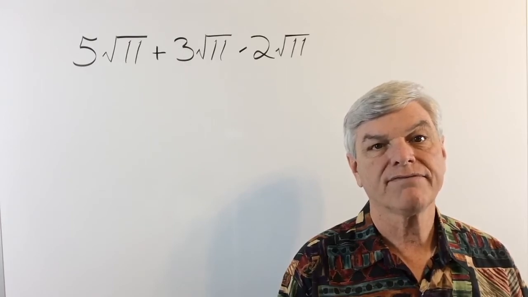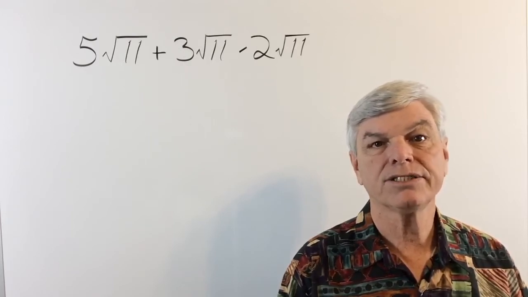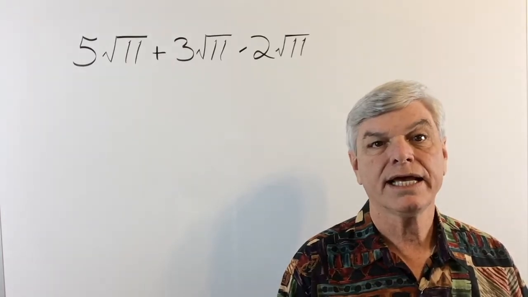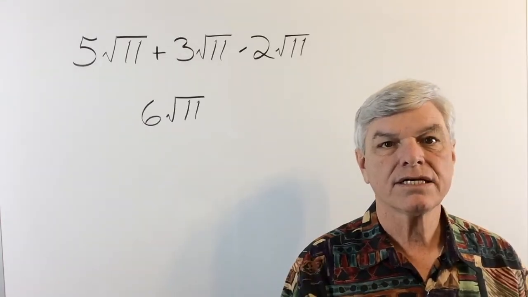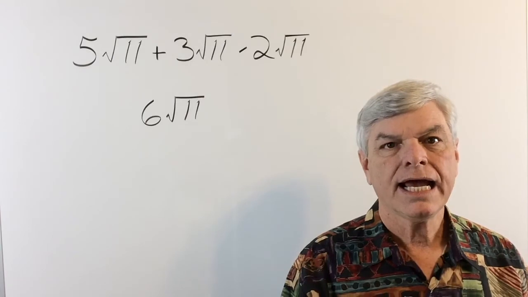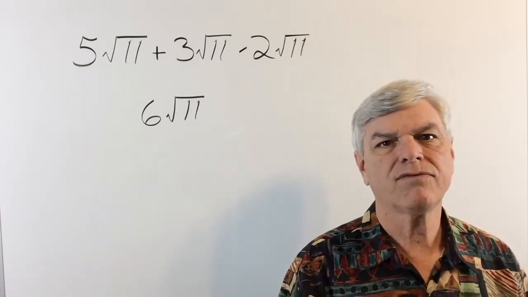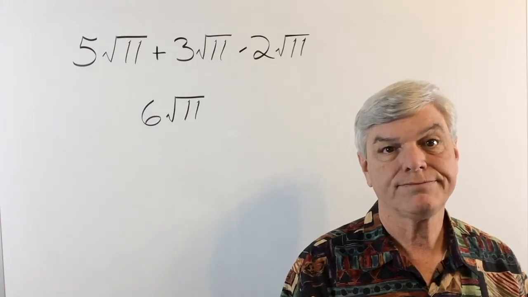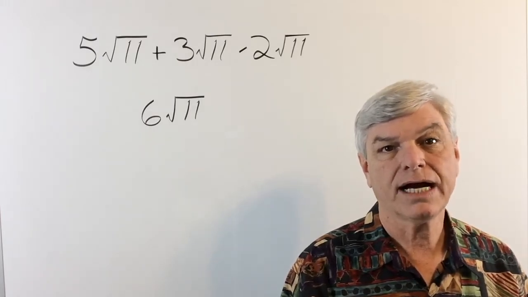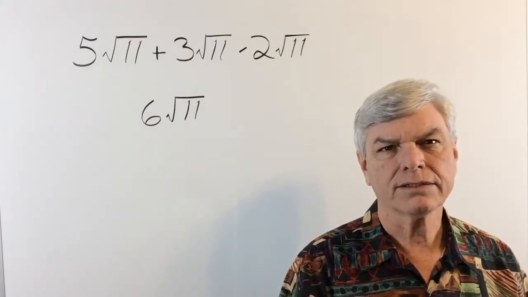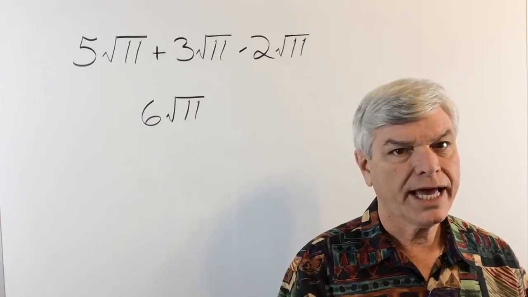That's going to be 5 plus 3 is 8, minus 2 is 6, and the answer is going to be 6 root 11. We would not be able to do this if one of those roots was 10 or 8 or 9 or anything else. We can only add these.